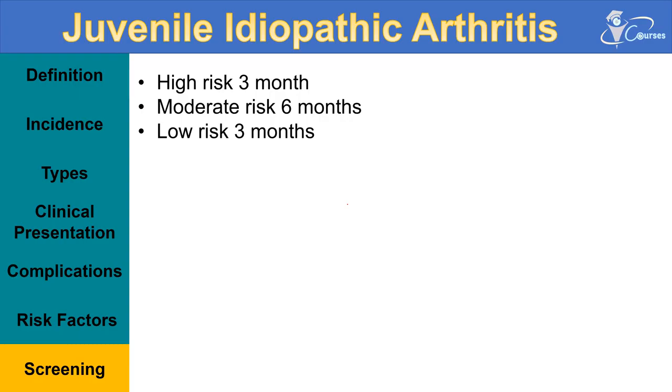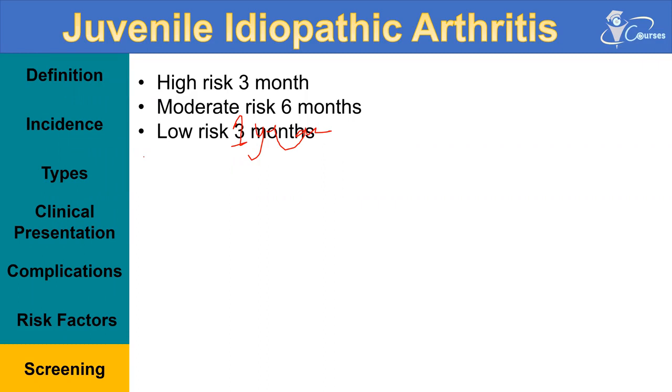And for patients with low risk, we can screen them every 1 year. Okay, so this is all for anterior uveitis for now. As I told you, for other causes, we are going to discuss them in the uveitis lecture.